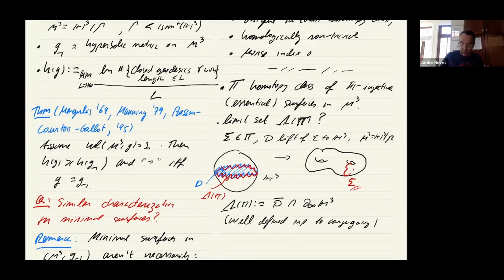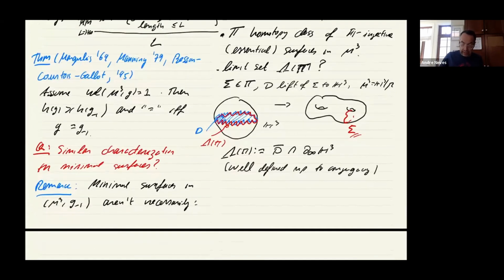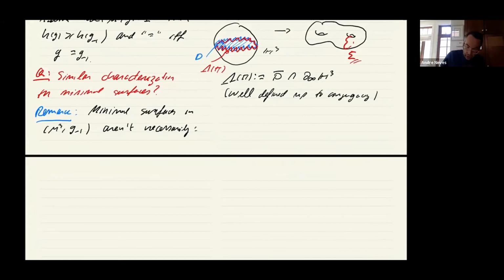Let me state a result in that direction, which is an old theorem of Bowen from 79. Bowen's theorem says that this limit set, this red curve, is smooth, or its Hausdorff dimension is 1, if and only if the homotopy class pi admits a totally geodesic surface.